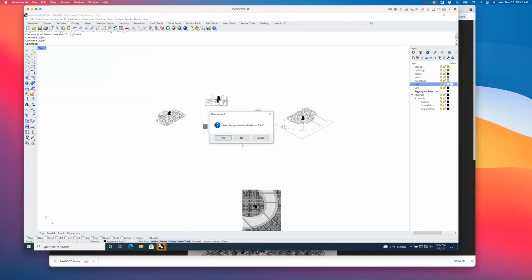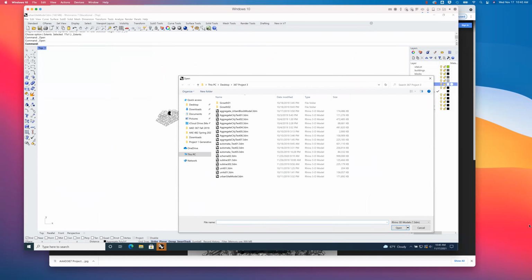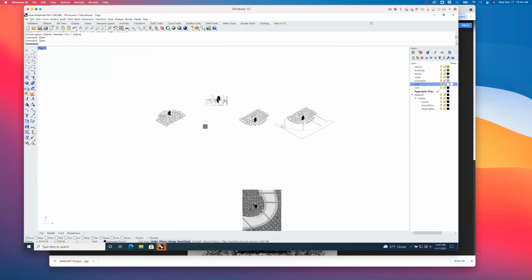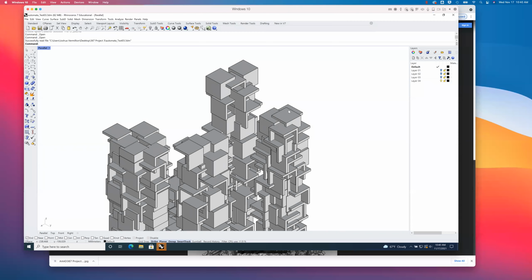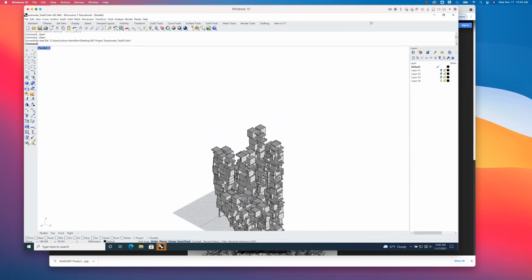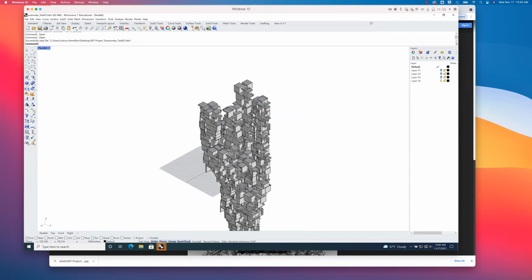Let me just show you. As you go, you can start to bake out your results as you want. And again, the idea here is that with this algorithm, all you have to do is change one small thing, and then you can start to get lots of different variations.